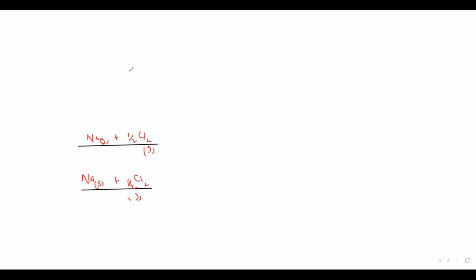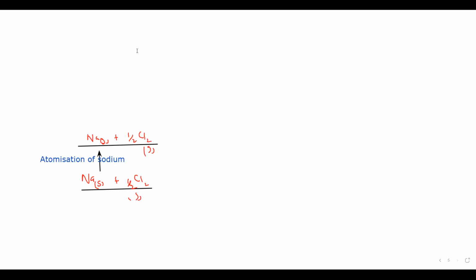Because we converted only sodium, what is this part? Because only sodium is converted from solid to atom, we call that atomization of sodium. Because only sodium is atomized, chlorine is not atomized.